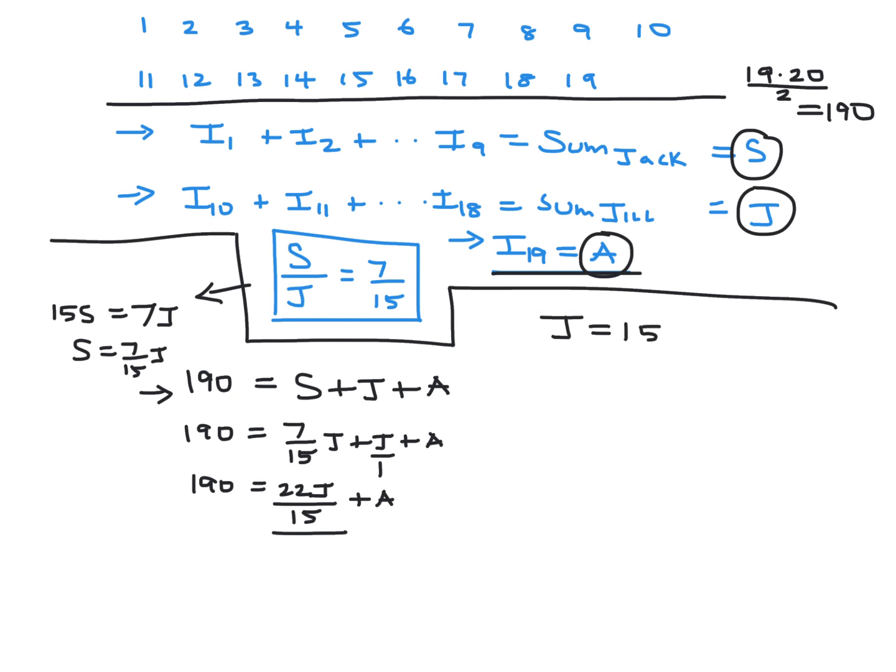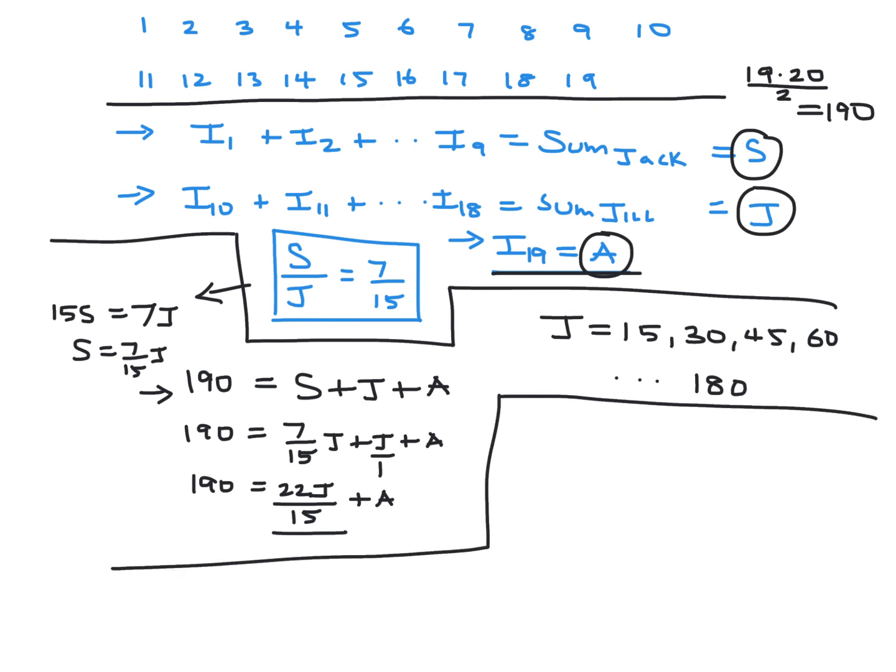Multiples of 15 are 15, 30, 45, 60, 75, and so on, all the way up to, what's the highest it could be? 180, because it can't be higher than 190 since A is positive. Okay, that helps, because otherwise I would have no clue what to plug in for J.